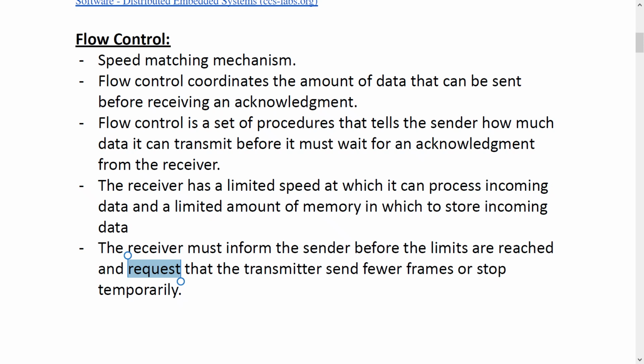And each one of these parts has a certain speed in processing data, transmitting data, receiving data, or affording the transmission of data. For example, your receiver has a certain speed in accepting the data and a certain speed in buffering the data. Your link has a certain maximum capacity that it can transfer. Your transmitter has a certain capability of transmitting your data.